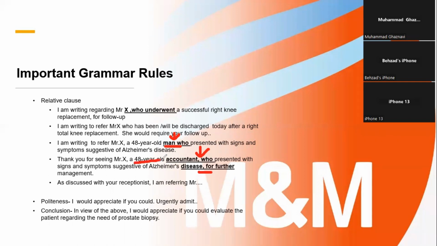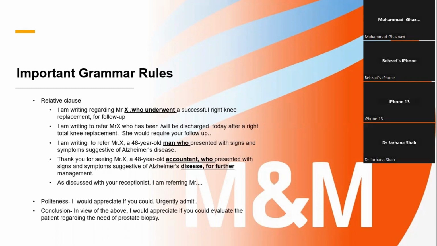This is your appositive noun that describes the quality of the noun, right? Moving on to the next one, we can also write some additional lines. If they have mentioned something, for example, as discussed with the receptionist, as discussed with your team, we can add it in the introduction part, right?